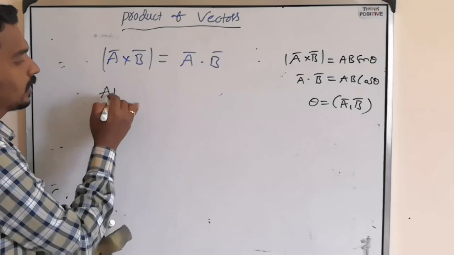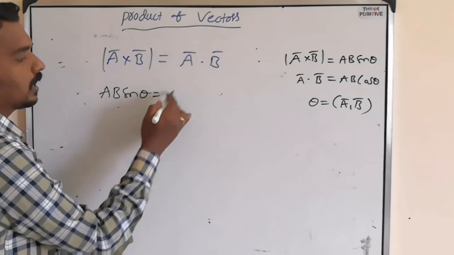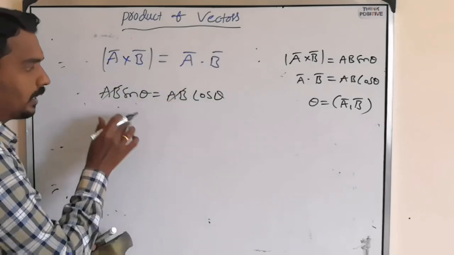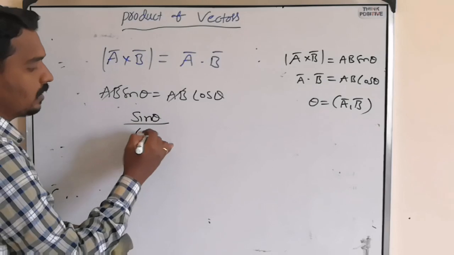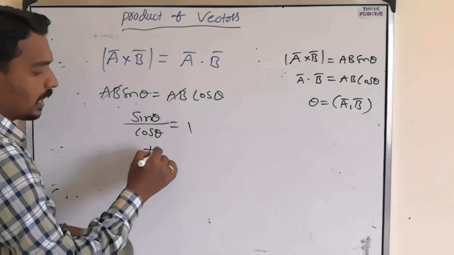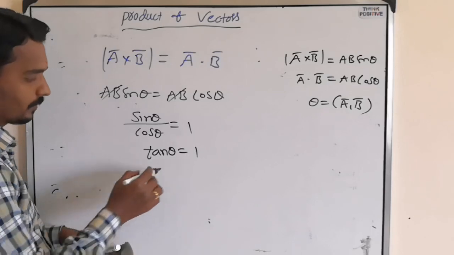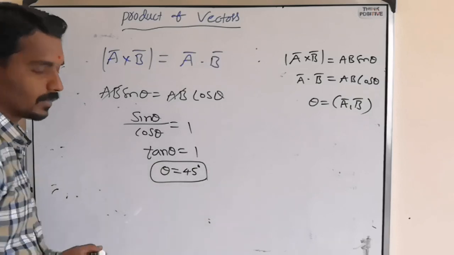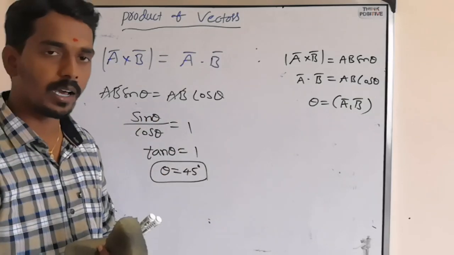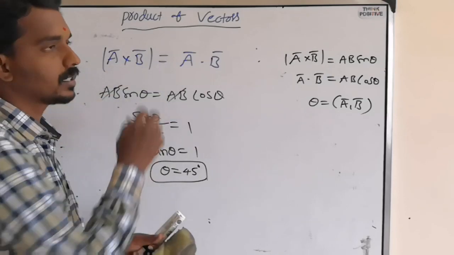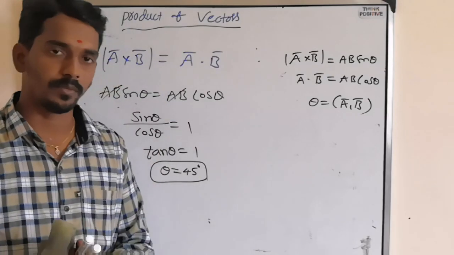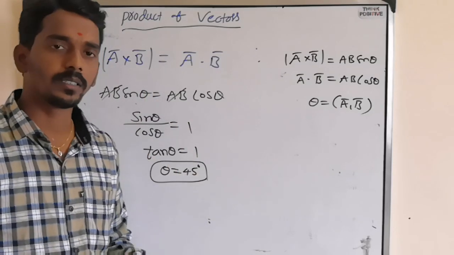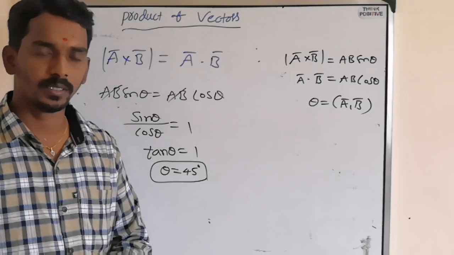Here comes ab sin theta, here comes ab cos theta. ab cancel. Bring this side: sin theta by cos theta equals 1, tan theta equals 1. Then theta equals 45 degrees. So the angle between a bar and b bar, if this condition is true, is 45. Like that, sometimes you may get questions purely based on vector conditions.